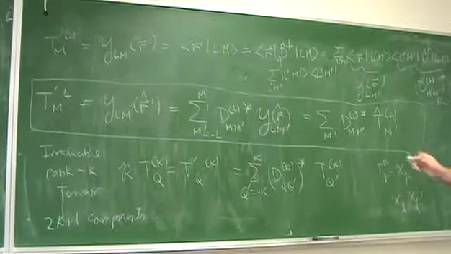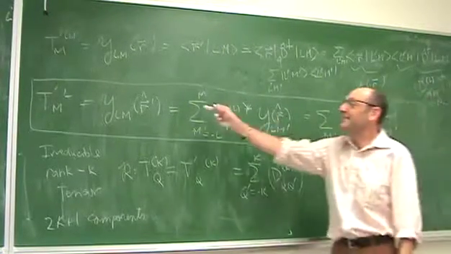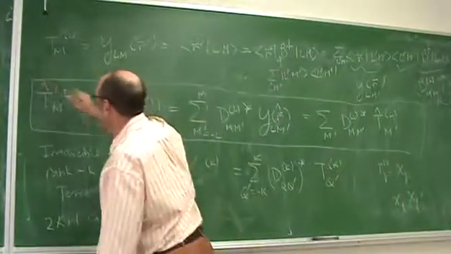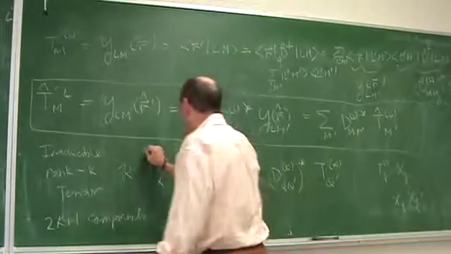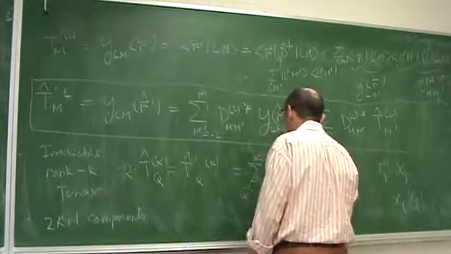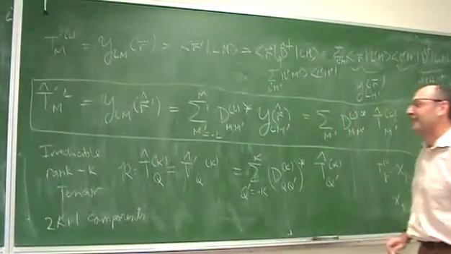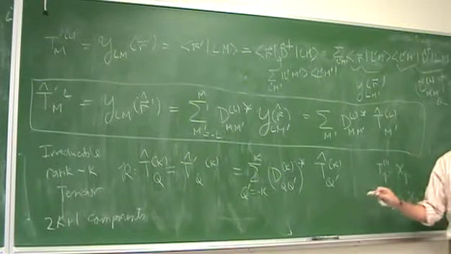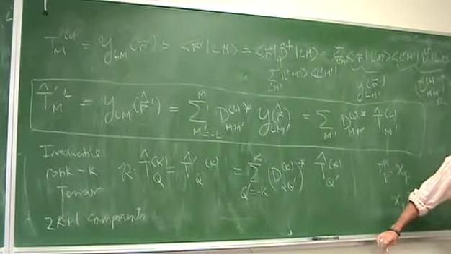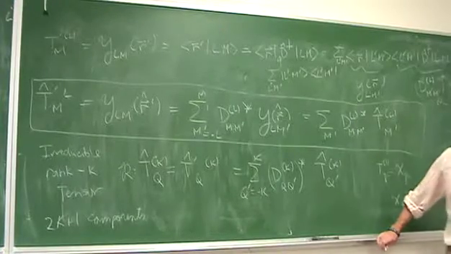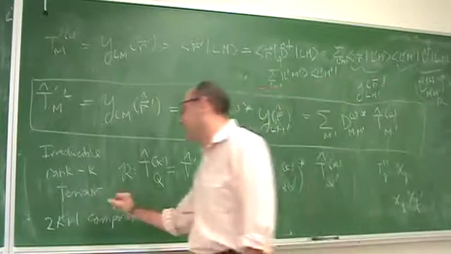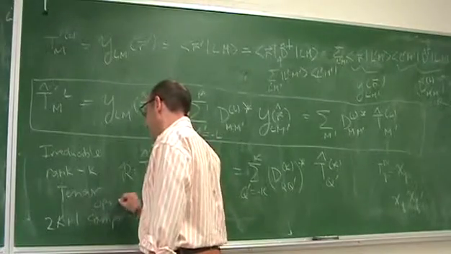Write out those polynomials, those are operators, and that collection of operators transforms this way. And therefore, any operator which has 2k plus 1 components which transforms according to this transformation, is known as an irreducible rank K tensor operator.